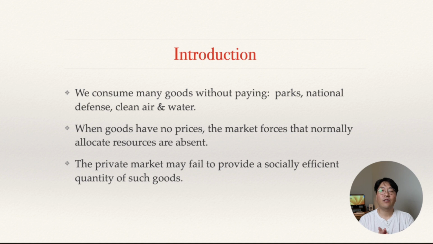Before we categorize the four cases, let's think about this. What is a public good? Well, a simple example will give you more understanding of what public goods means. What kind of thing belongs to the public goods category? Well, the first thing is a public park. Everybody can go there.